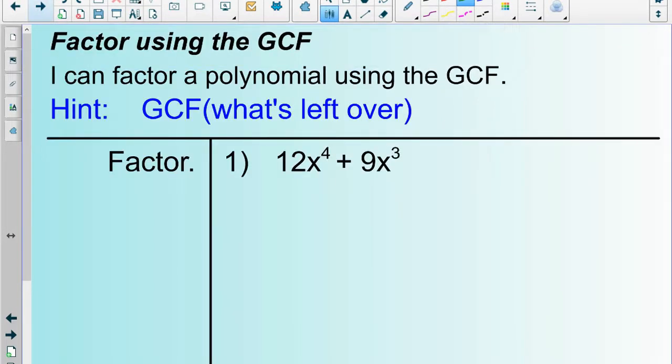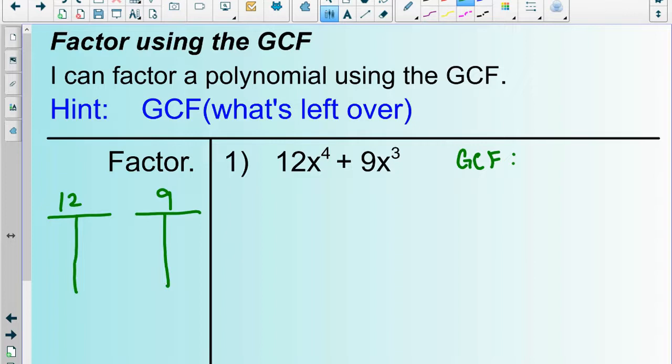So let's go back to our first example and just find the greatest common factor of these two terms, the GCF of 12x to the fourth power and 9x to the third power, just like we did in the last lesson. So over on the side, I'm just going to show my work for finding the GCF of 12 and 9.